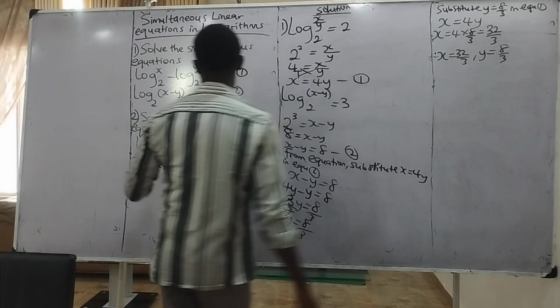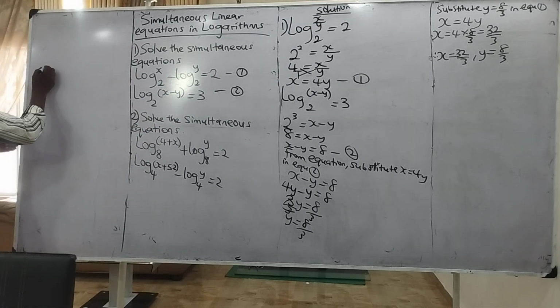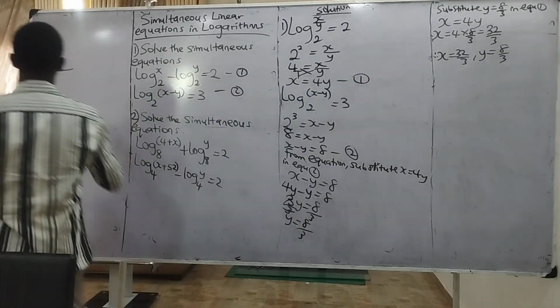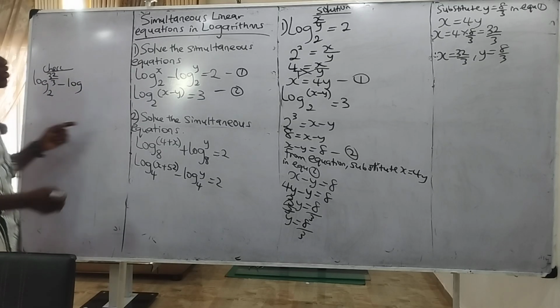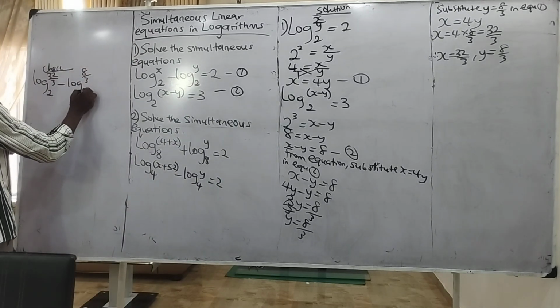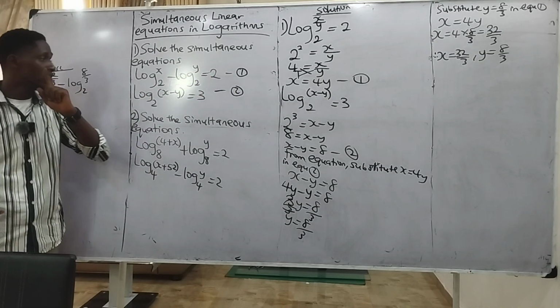If we go back to some of those things here and simplify, let us check. Let's call it checking. We have log of our x, we got it as 32 over 3, in base 2, minus log of y, which we got as 8 over 3, in base 2. So if we simplify here and we don't get this 2, you know that there's a problem there.